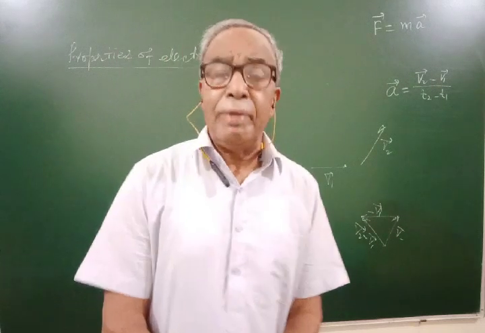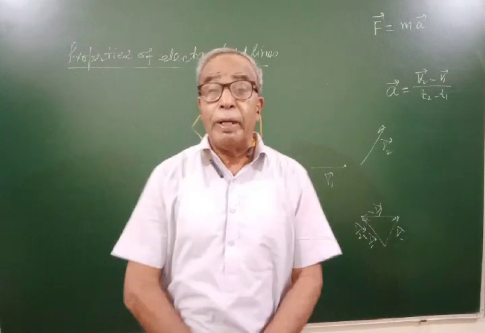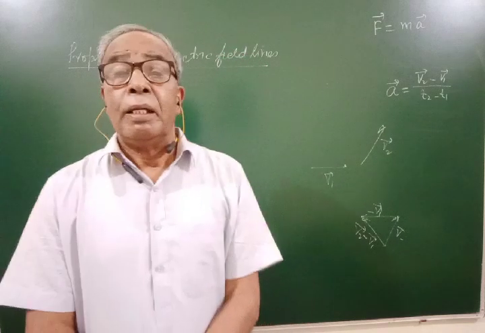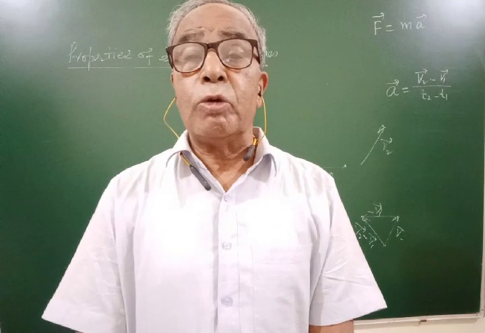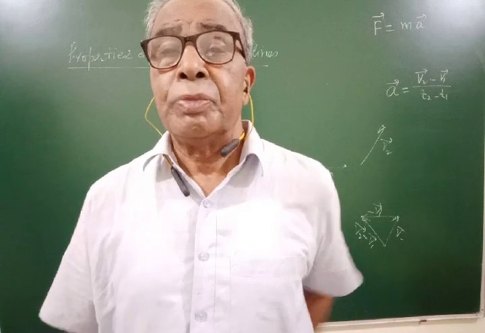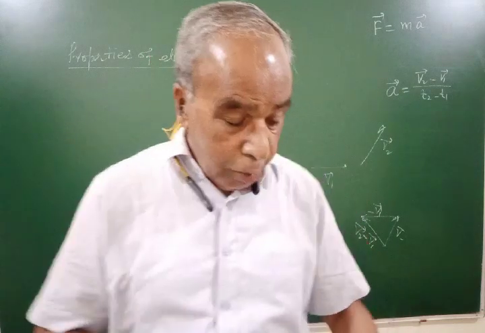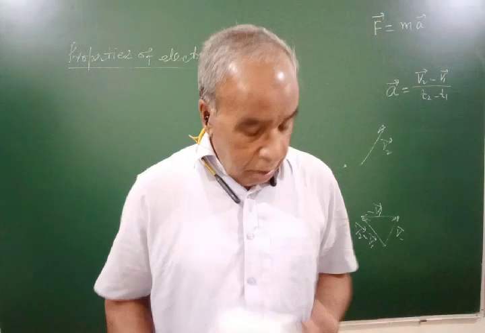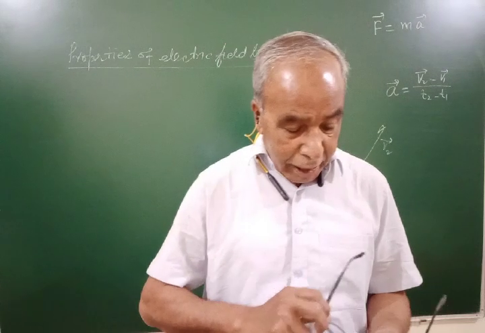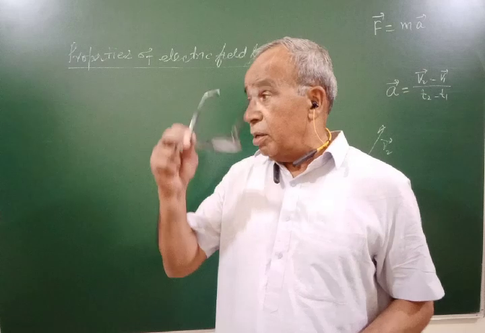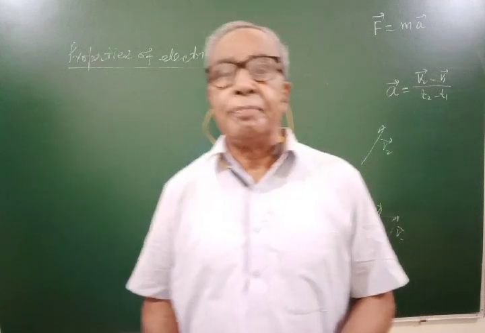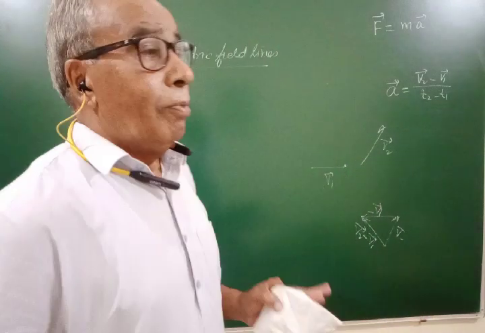In class 11 you have learnt a very important topic in which acceleration is always at right angle to velocity. That topic says the direction of acceleration is along the radius, perpendicular to the tangent, towards the center.